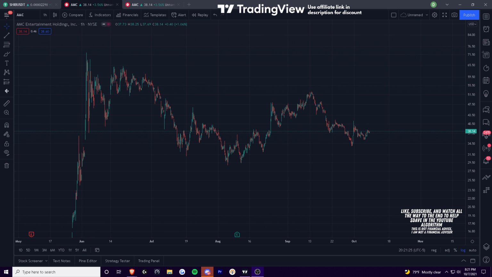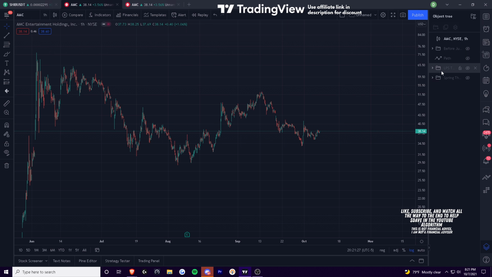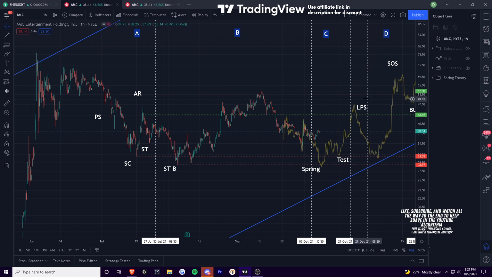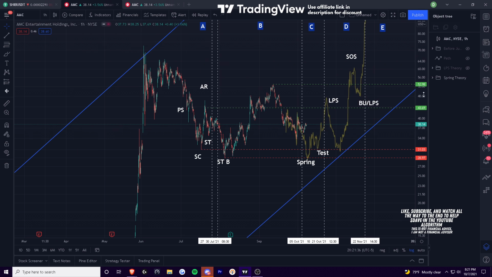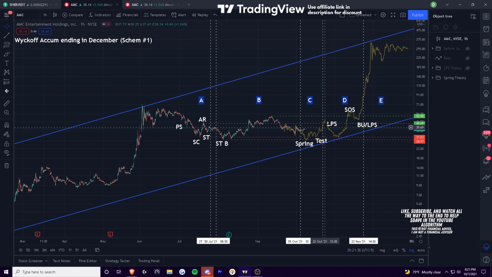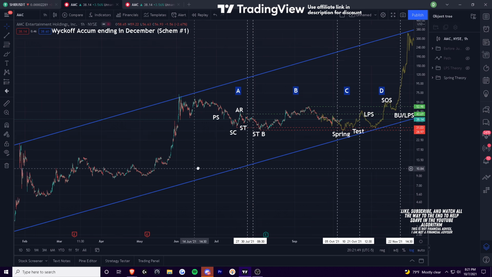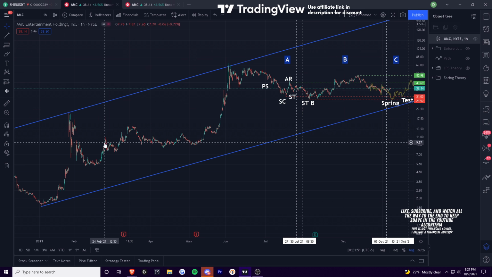So let me show you what I'm talking about exactly. If I pull up the spring theory, the reason that I have this bars pattern set up here in yellow is because my friend Mocha, that's his Twitter handle, and I'm not saying that because he's my friend, was saying that based on cycle theory, he believes that we're actually entering April.